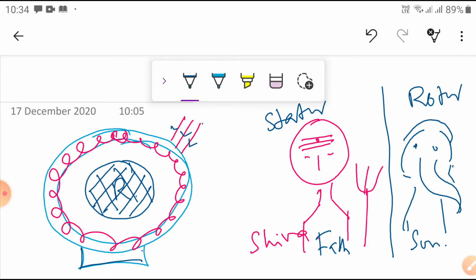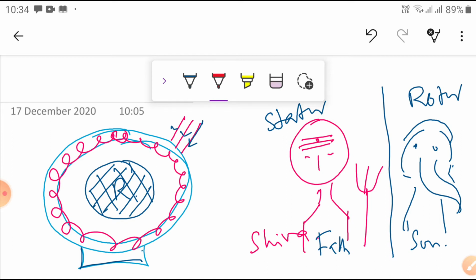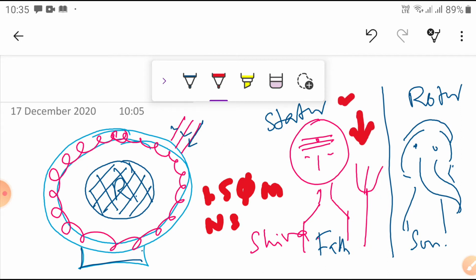When three-phase supply is given, it produces a magnetic field whose value is equal to 1.5 times the flux produced by each phase, rotating at synchronous speed. Now Shiva is dancing and coming towards his Kailash, to his house.